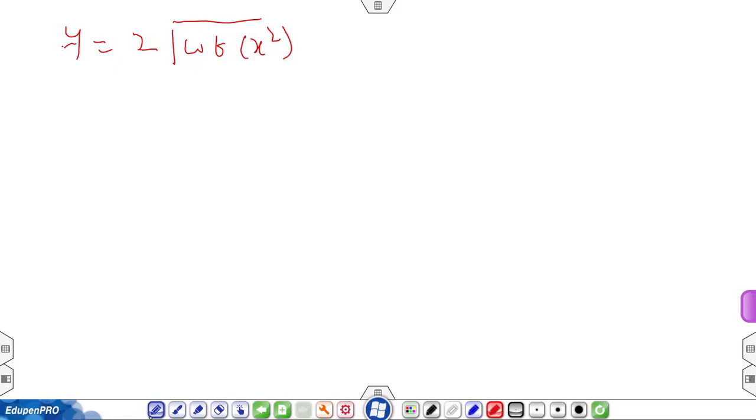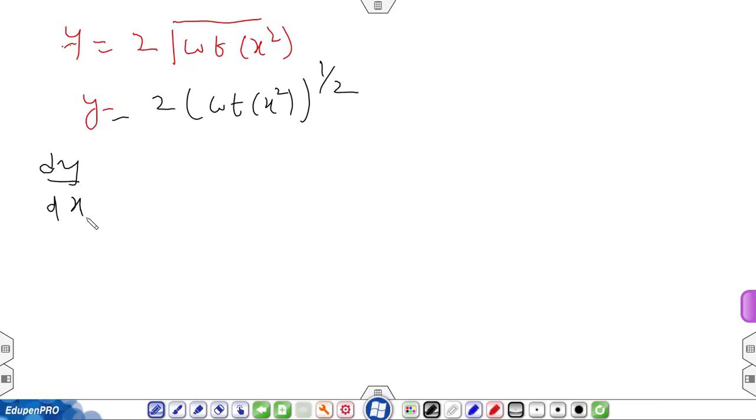Now I am going to move on to the next question, that is the fifth question. Y equals 2 root cot x square. Now y I can write as 2 cot x square raised to power 1 by 2. Y is a function of x.